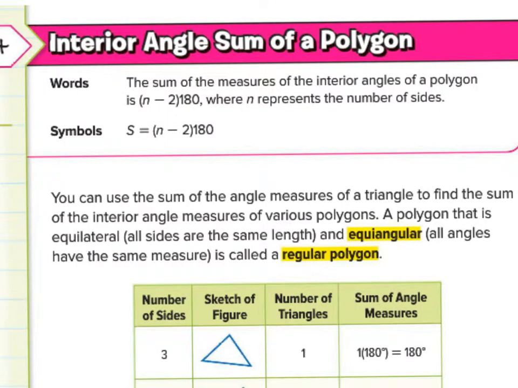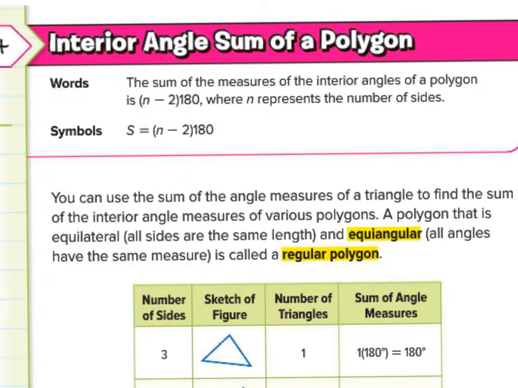We have a formula here that we want to look at, which will help us identify the sum of all angles inside of any polygon, and that is n minus 2 times 180. So this n minus 2, n represents the number of sides. See the number of sides that we have, and then we have to subtract 2 and multiply by 180.